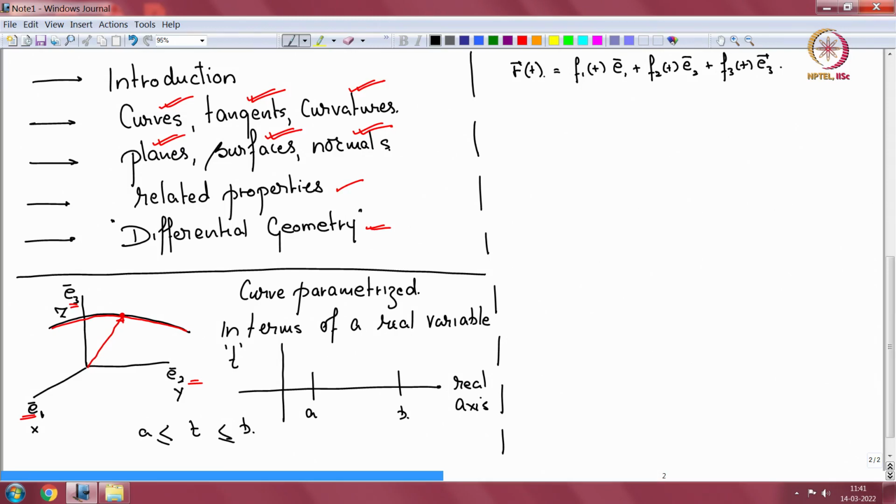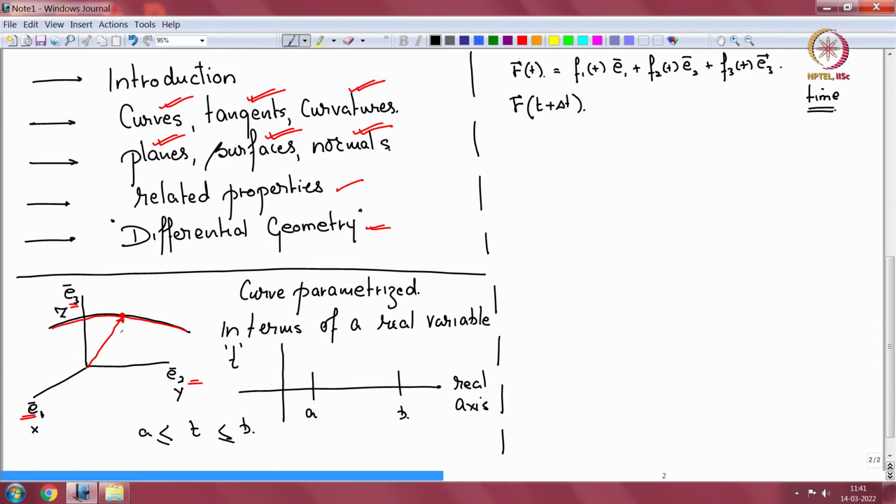Now, suppose I want to look at another point delta t later. Delta t can be anything and it can be time also. t can be just a variable or t can be time. If it is time, we get a slightly more physical meaning to the properties.